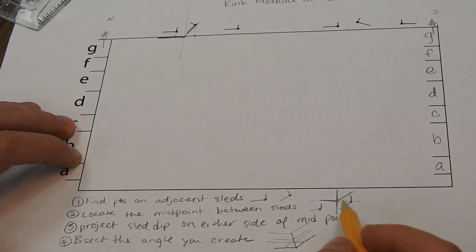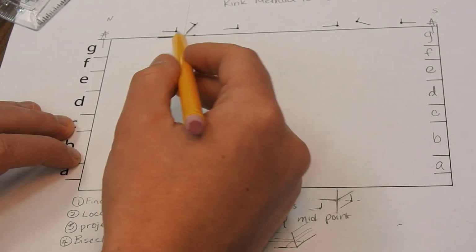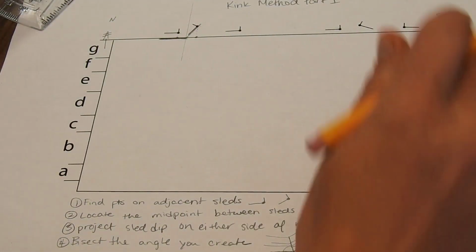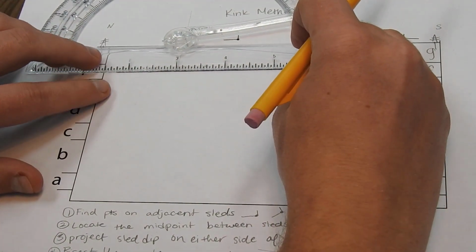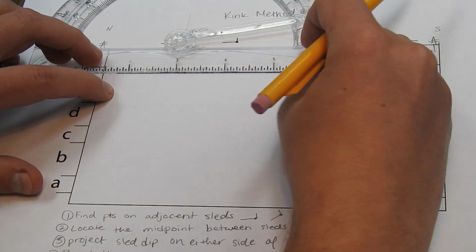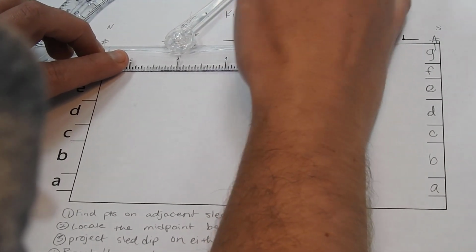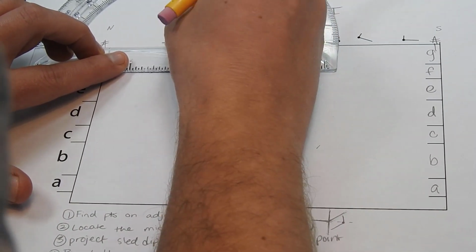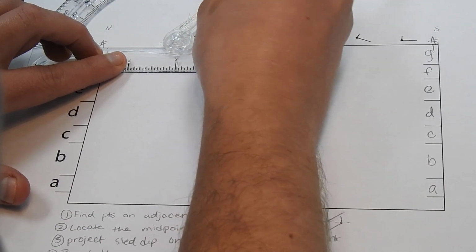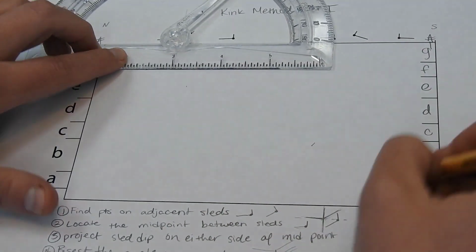Okay, so now I'm at this point where I have these sides projected. All right, now I've made this angle. I need to bisect that angle. So I'm going to come up here and measure it. And when I measure that angle, for the big angle over here, I get 124.